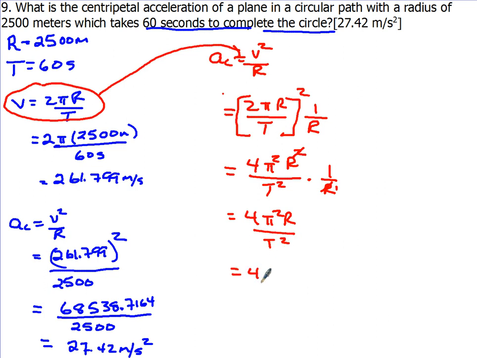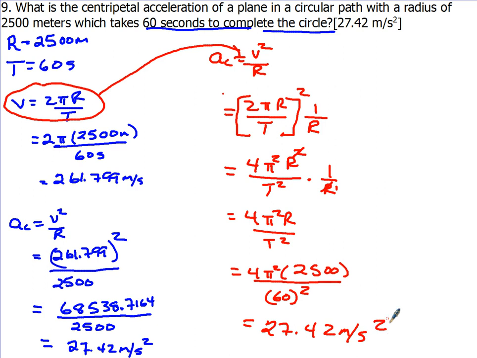So this is 4 pi squared, r is 2,500 meters, divided by the period squared, which is 60 seconds squared. And if you do that, you get 27.42 meters per second squared. You get the same answer. Do whichever way you're most comfortable doing.